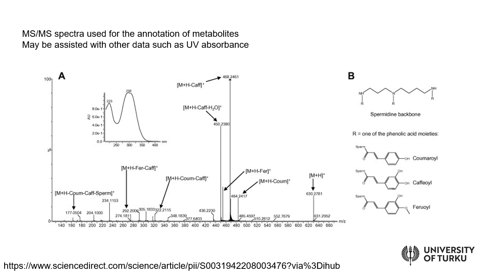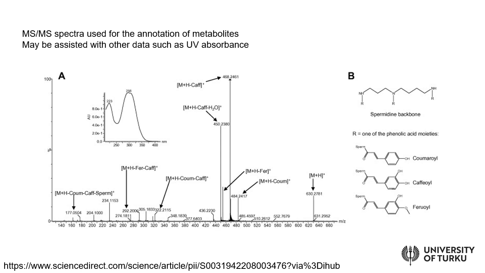For example, in this case, the molecular ion, the intact molecule, is seen as a low level, relatively small signal, because this is from an MS-MS analysis, so the molecular ion is no longer the dominating ion, but the fragments are. So for example, even the base peak is one of the fragments in this spectrum.